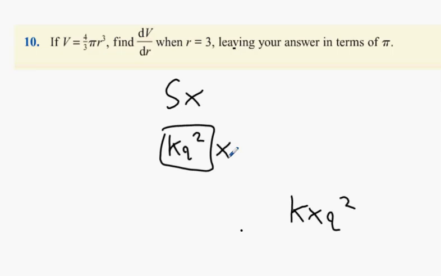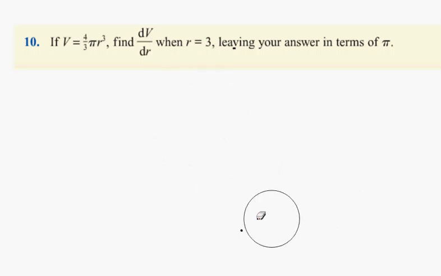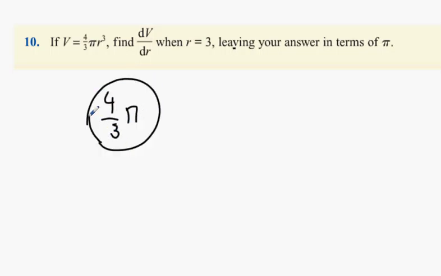Okay, so let's have a quick look at this one here. First of all, differentiate V, what do we get? Now please remember the 4 over 3 and the pi is just a number. There's nothing wrong with that. Multiply the 3 by 4 over 3, 12 over 3, which is 4. 4 pi, and then take 1 away from the power: r squared.